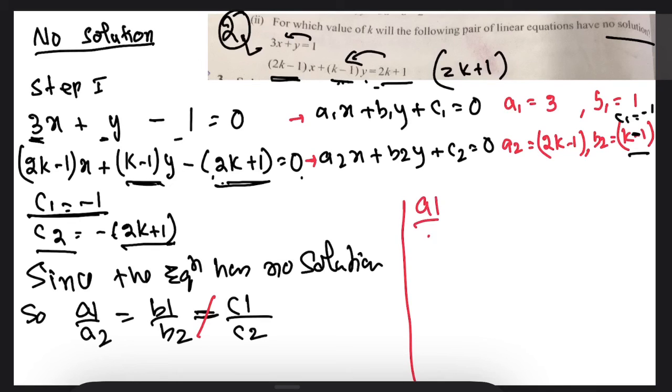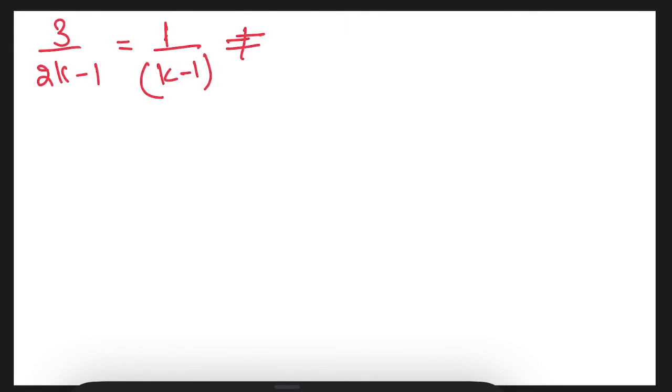So let's solve directly. a1 upon a2, 3 upon 2k minus 1, equals b1 upon b2, which is 1 upon k minus 1, which is not equal to c1 upon c2, that is minus 1 upon minus 2k plus 1. Now the minus signs cancel.